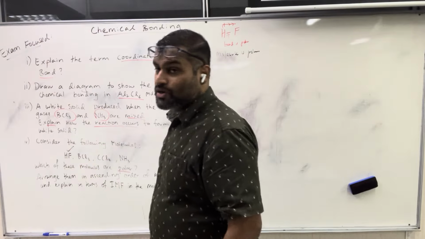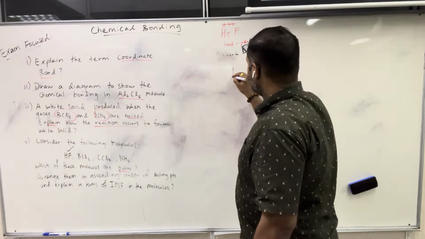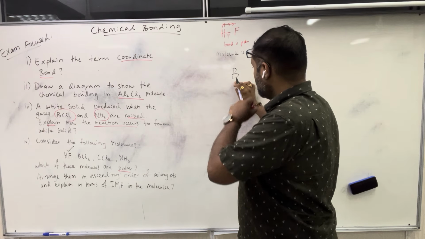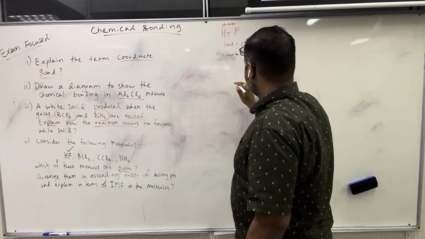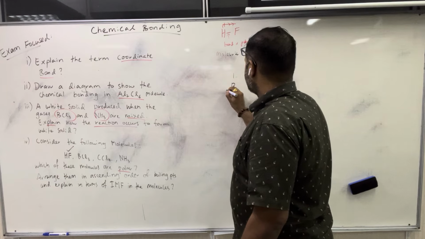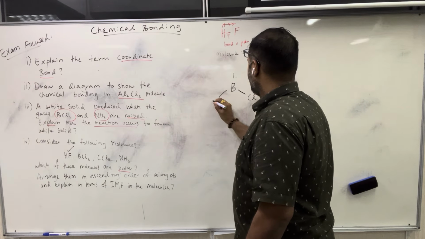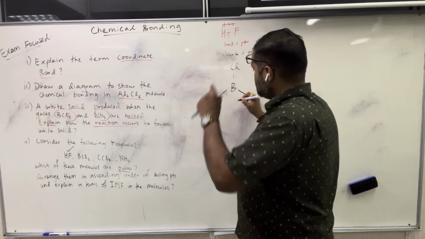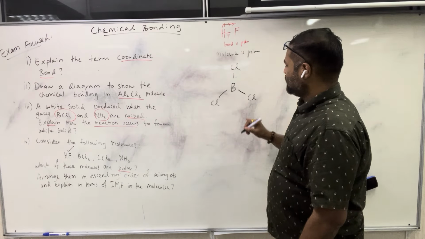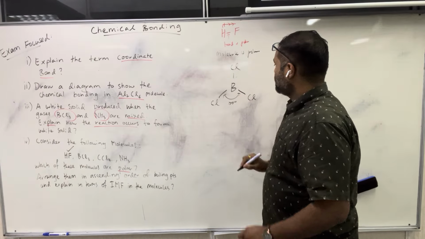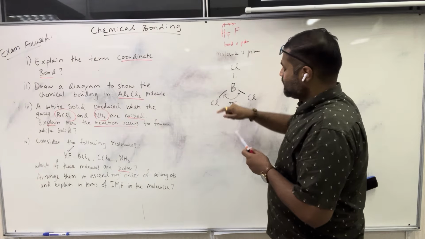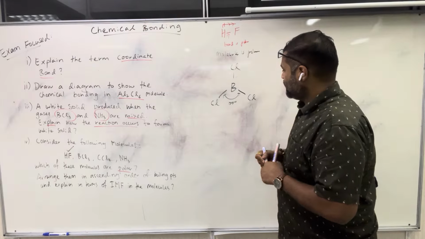Now let's look at boron trichloride. For boron trichloride, we know that boron has a trigonal planar shape, where it is bonded to 3 chlorine atoms, and each bond angle is 120 degrees.